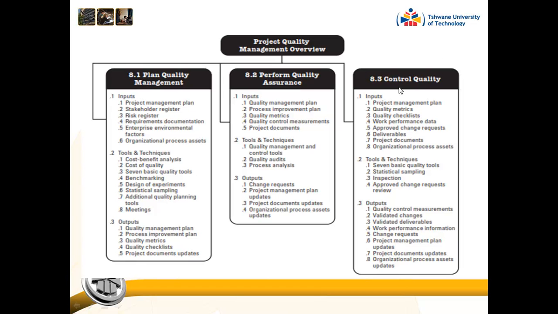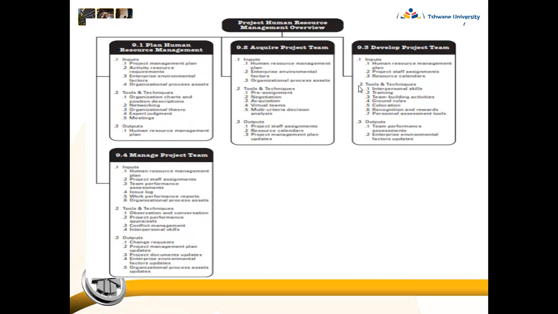This knowledge area is covered in project quality management, PJQ. Project human resource management. Plan human resource management, acquire project team, develop project team, and manage project team. So this is covered in PRR or project resources.